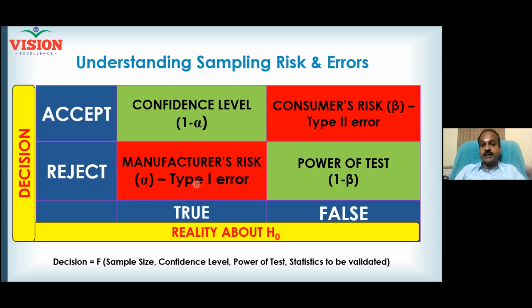This type 1 error is measured in terms of p-value. P-value is an estimate of type 1 error. What is your research requirement? Research findings should come with a 95% confidence level. If you expect your project findings to come with 95% confidence level, then this type 1 error should be less than 5%. Am I correct? If the type 1 error should be less than 5%, your p-value should be less than 5%.